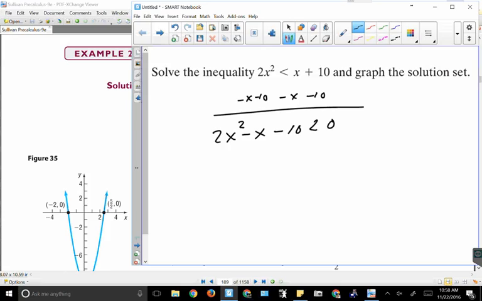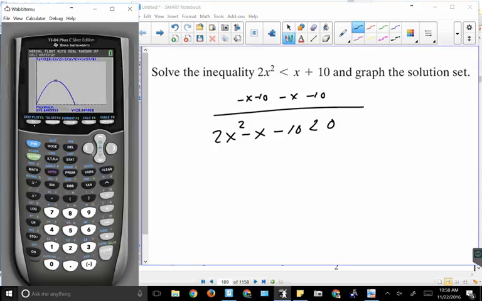So the next thing would be to grab the graphing calculator. Second, reset it. Y equals, just put in your 2x squared minus x minus 10.